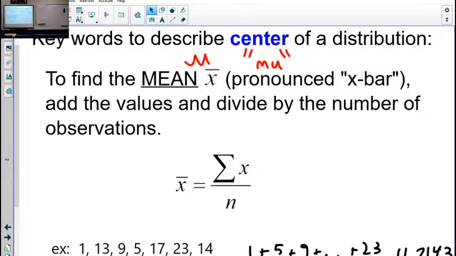So it's X with a little bar over it. Another one that you might see is the Greek letter mu. So it's a U with a little tail at the end. You'll see that used for mean as well. Those are the two different symbols. The Greek letter mu, and then X bar, X with a little bar over it.